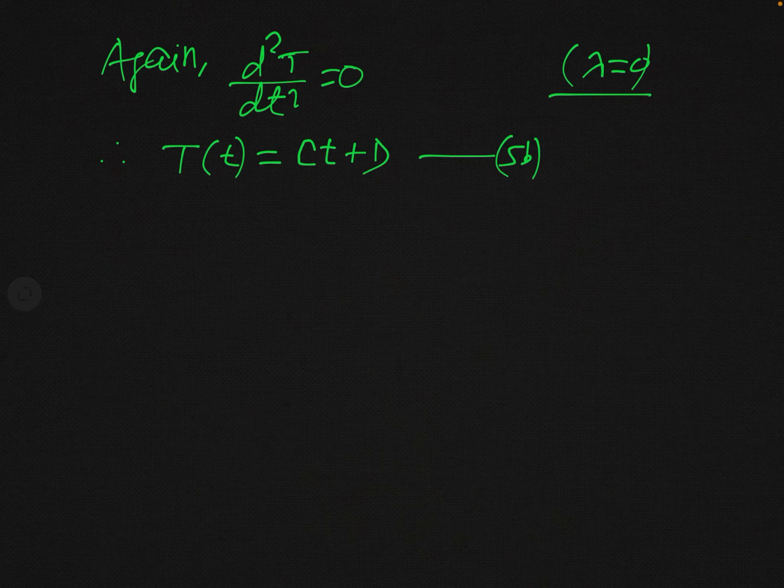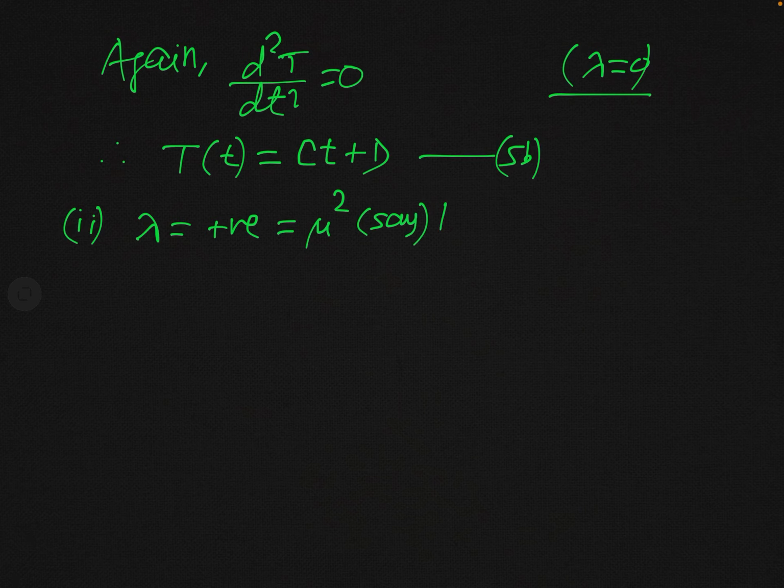So now let us consider another possibility. We consider that lambda is equal to a positive quantity, and if it is positive, you can express it as a square of a quantity, because a square is always positive. So let us say lambda equal to mu square. So you have taken lambda as a positive quantity.